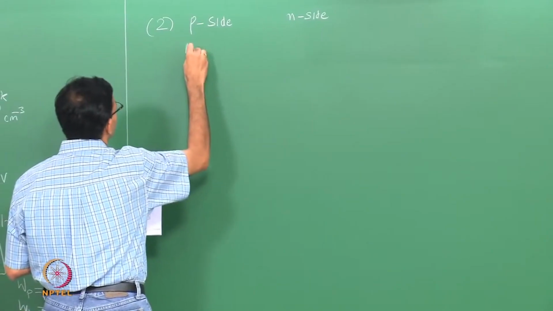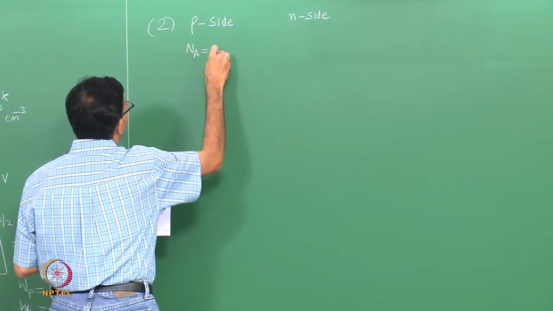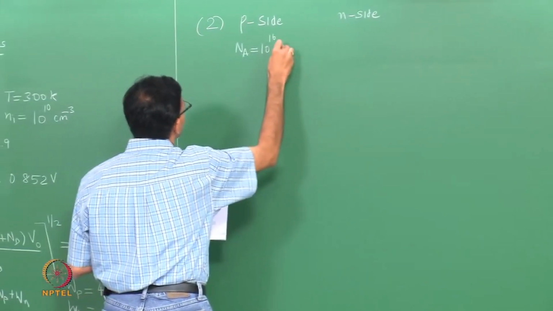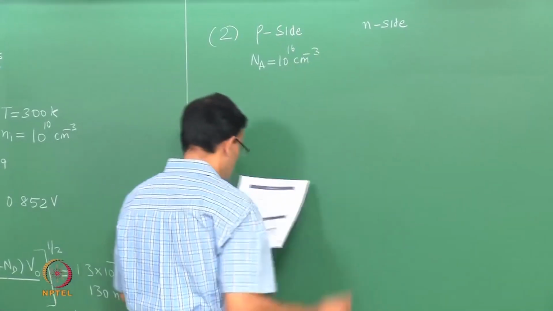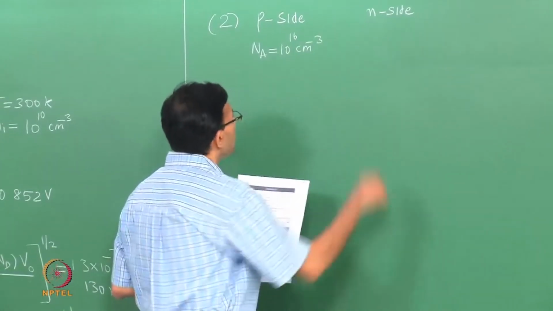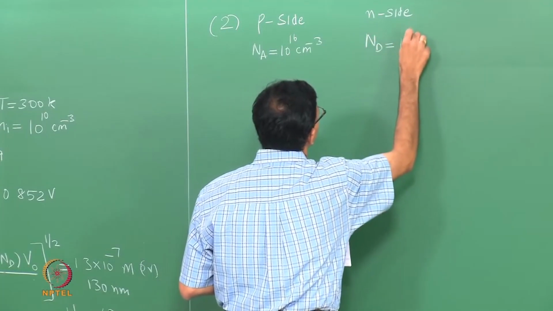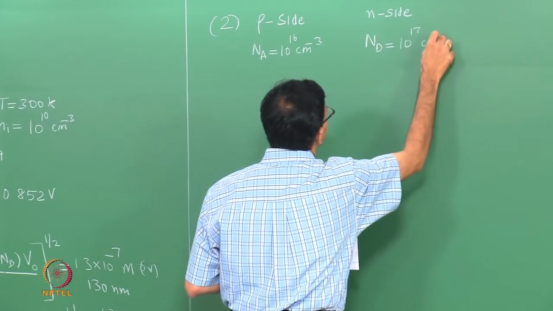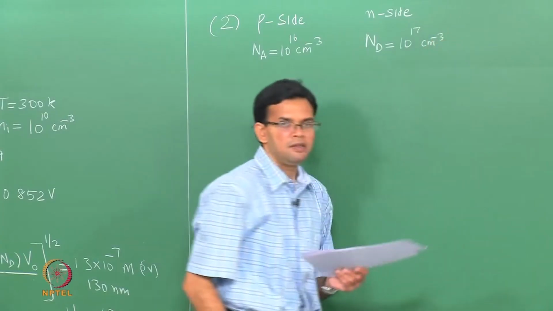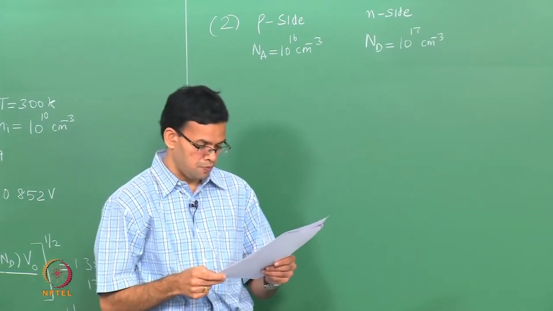So, Na is 10 to the 16 and Nd is 10 to the 17 per centimeter cube.